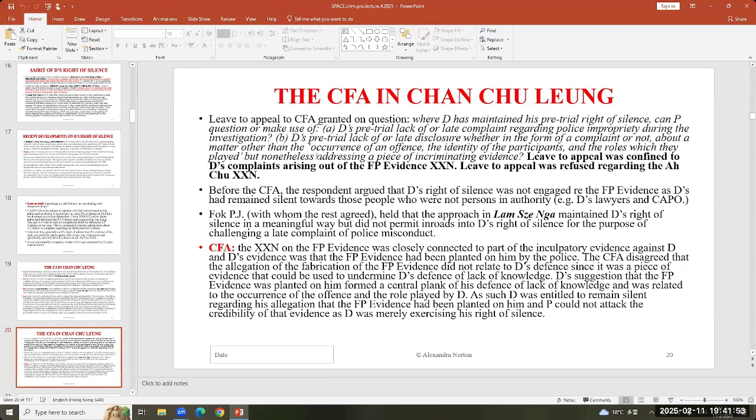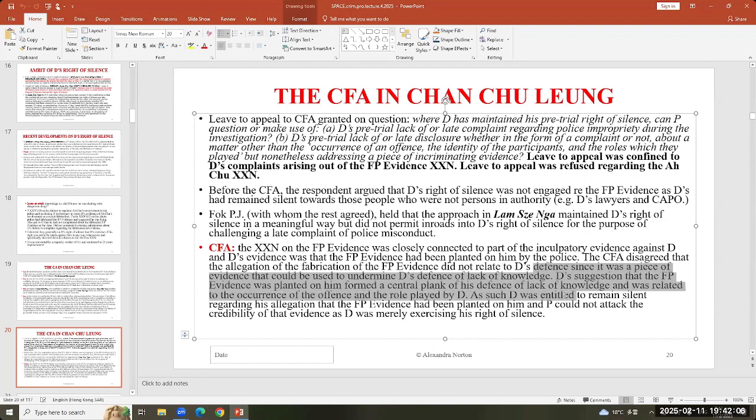It's not an independent issue about a complaint against the police. So they say the defendant's suggestion that the fingerprint evidence was planted on him formed a central plank of his defense of lack of knowledge, and it was related to the occurrence of the offense and the role played by the defendant.